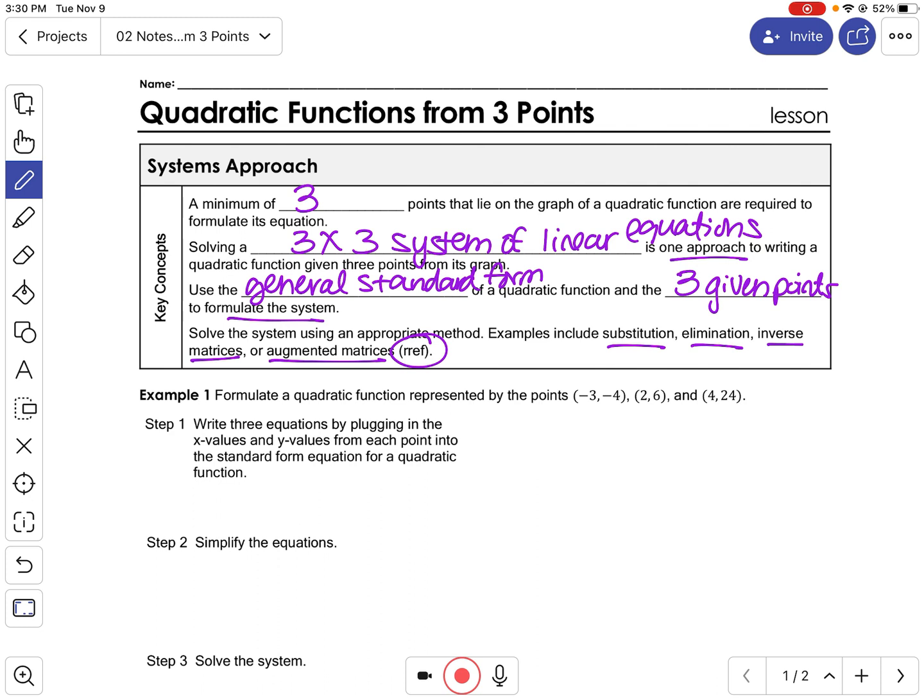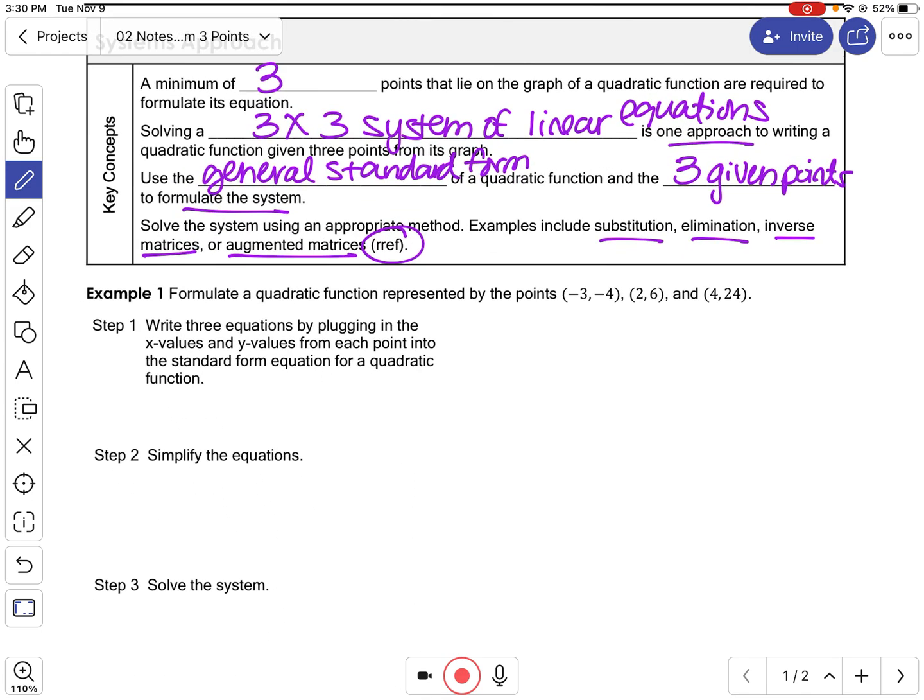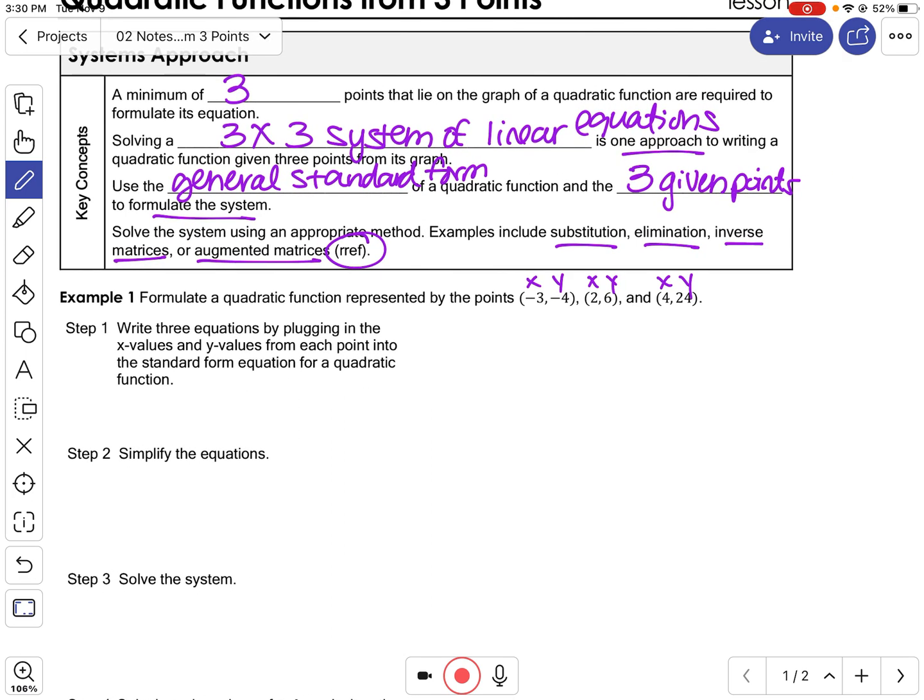Okay? All right, so first thing we want to do on example 1, we're given 3 points. We know the first coordinate is x, then y. So I'm going to plug this into my general standard form equation for a quadratic. I'm going to plug in my x and y, and then I'm going to end up with 3 different equations.